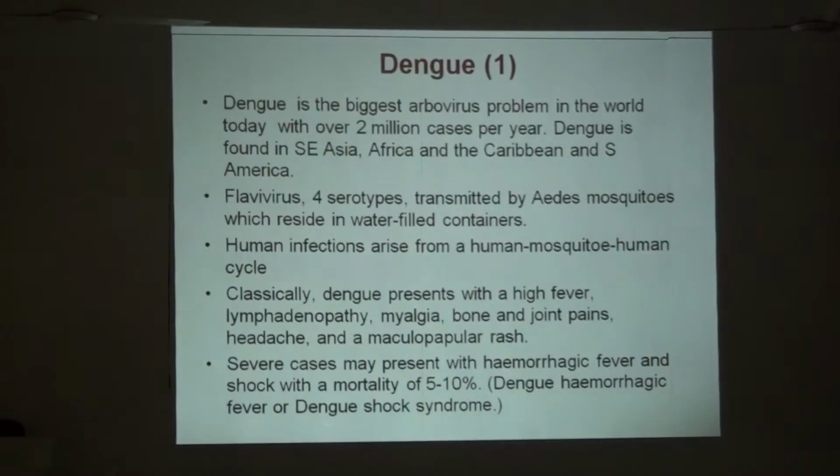Dengue is the biggest viral problem in the world today, with over 2 million cases per year. Dengue is found in Southeast Asia, Africa, the Caribbean and South America. Dengue is caused by the flavivirus of 4 serotypes, 1 to 4, and they are transmitted by the Aedes mosquito, which resides in water-filled containers.